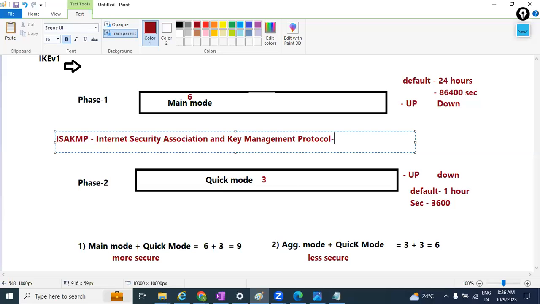Clear? It would use the UDP protocol, UDP protocol number 17, and it would use port number 500. Which port number? 500.